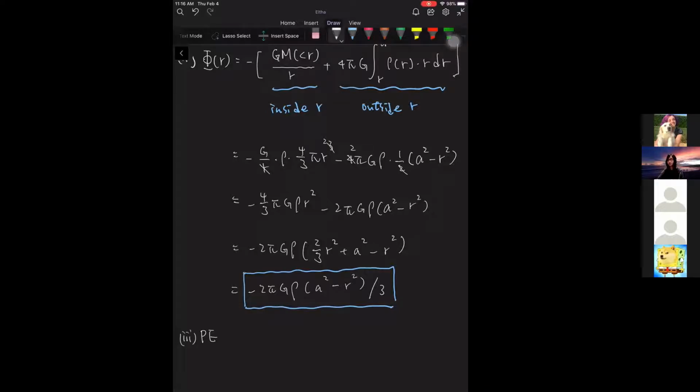so potential energy, as I mentioned, the definition is 1/2 the summation of m phi in the system.